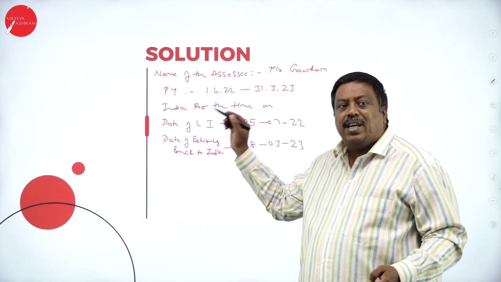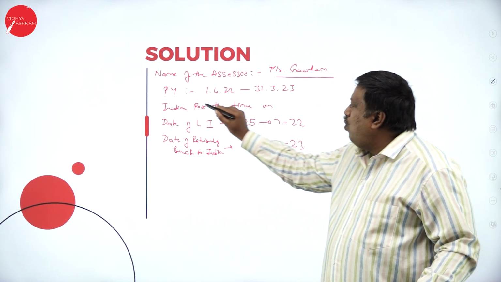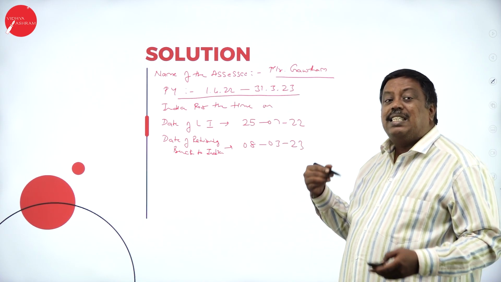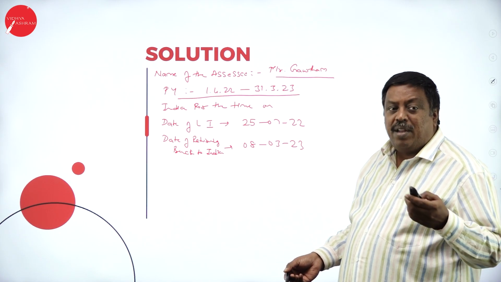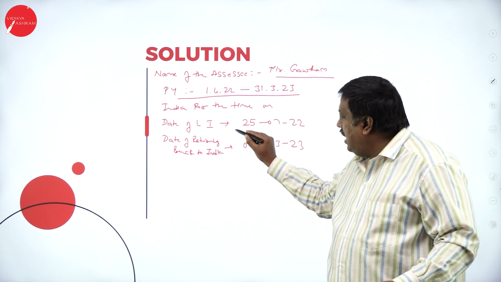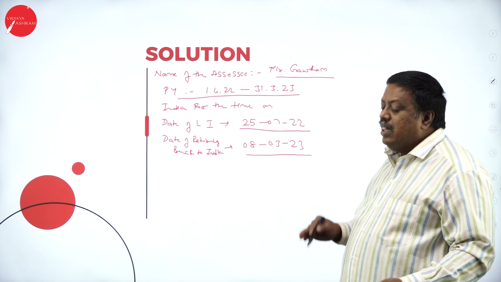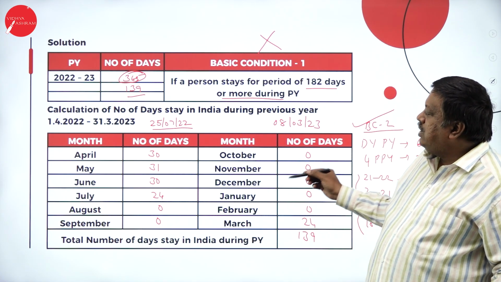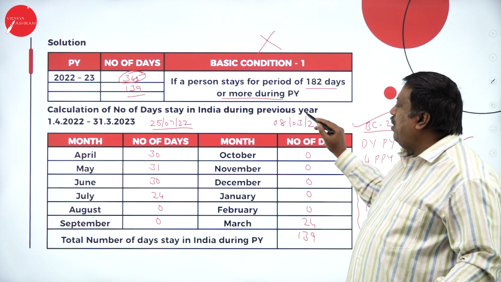So first write the information: the name of the assessee, then the previous year, and when the assessee has left India for the first time, during the previous year only, write the date when he left India and when he returned back to India. Then write the table to calculate the number of days of stay in India during the previous year.